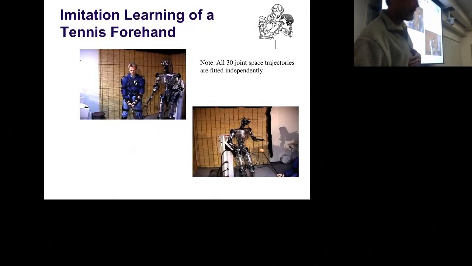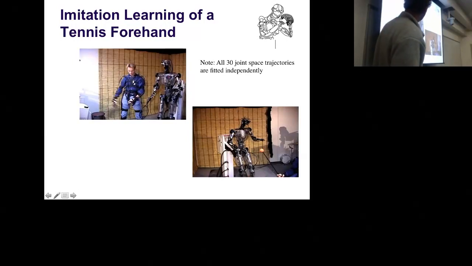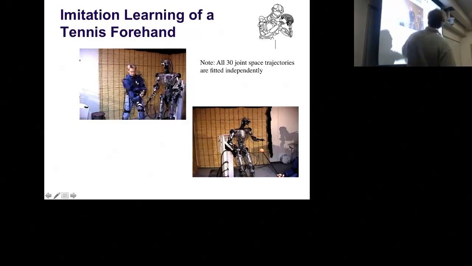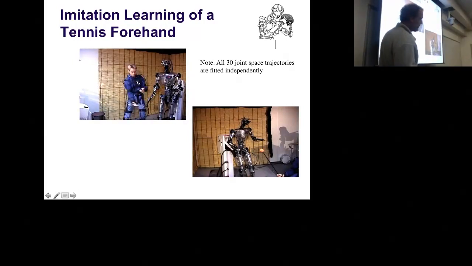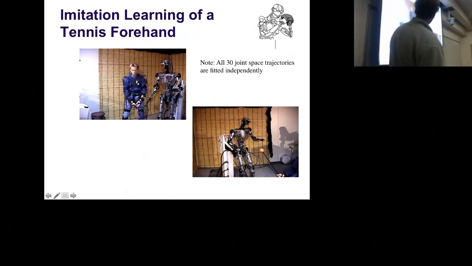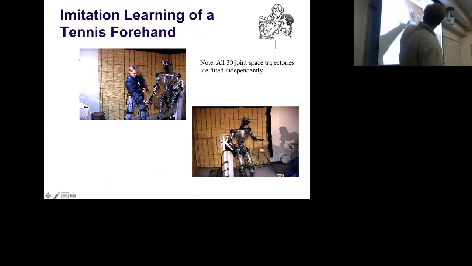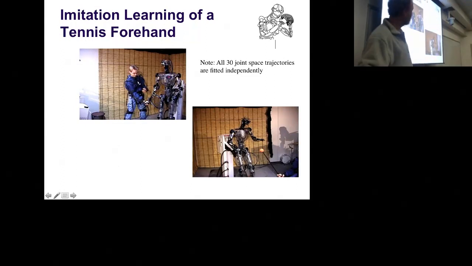So here are some hopefully working videos, which we used at some point, how to teach a complete humanoid robot how to do a tennis swing. So this is a friend and collaborator, Auke Ijspeert, who's a professor in Switzerland these days. And he was wearing an exoskeleton, teaching the robot how to do a tennis swing, and then the robot repeated that.